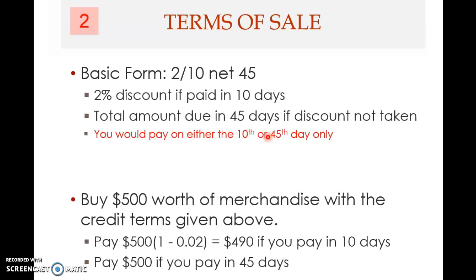If they pay earlier, there is no additional benefit; in fact, you lose the funds earlier. You pay your suppliers earlier. Likewise the customers, when they pay the company, will pay on the 10th day if they take the discount. If not, if they take the credit, they will pay on the 45th day.